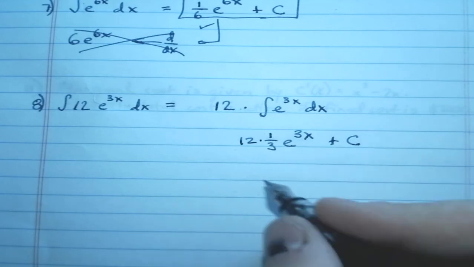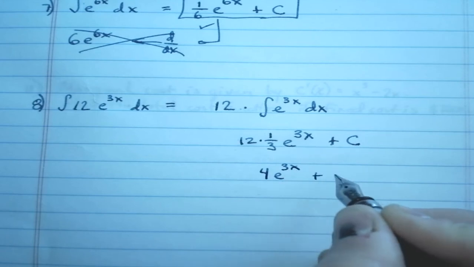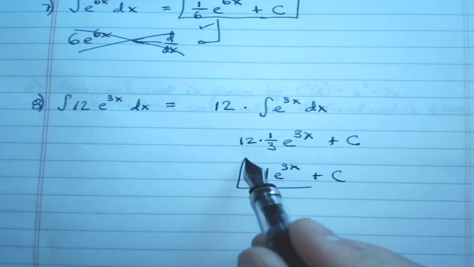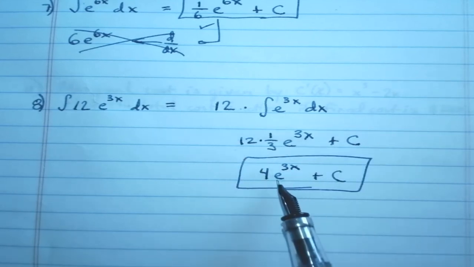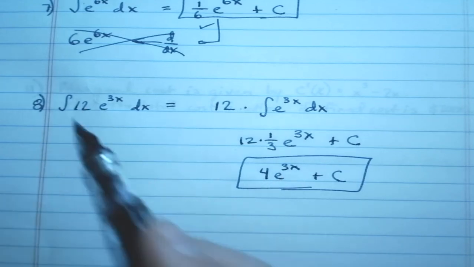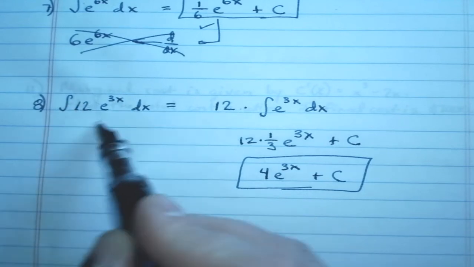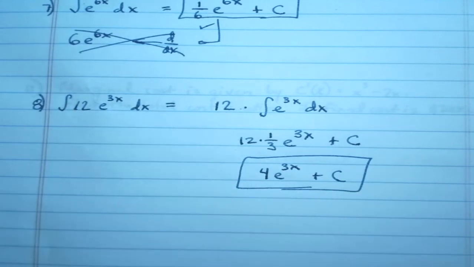And 12 times 1/3 makes 4 e to the 3x plus c. And if I took this derivative, 3 times 4 makes 12 e to the 3x, and the derivative of c would be 0. So that's finding antiderivatives.